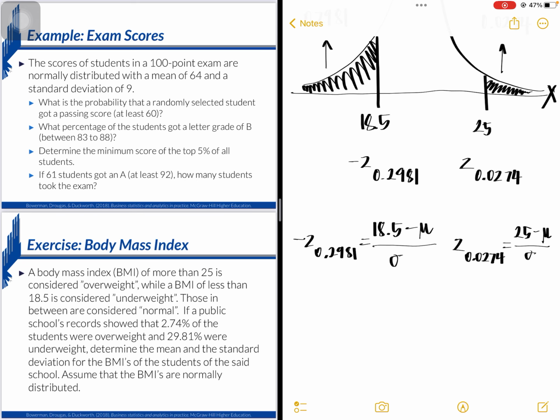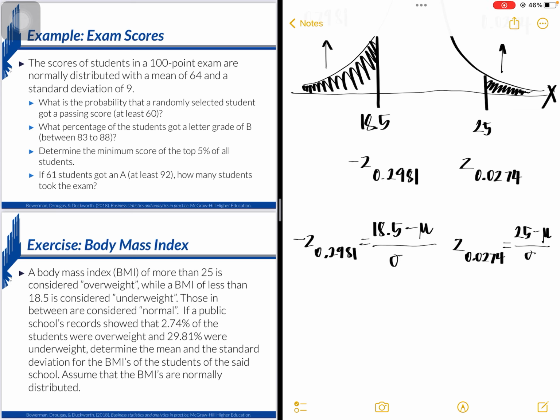Now, we can actually find the z-scores since we have written them in this way. We can use the standard normal table to get the z-score with an area of 29.81% to its left. And we do that by searching for 0.2981 in the table.